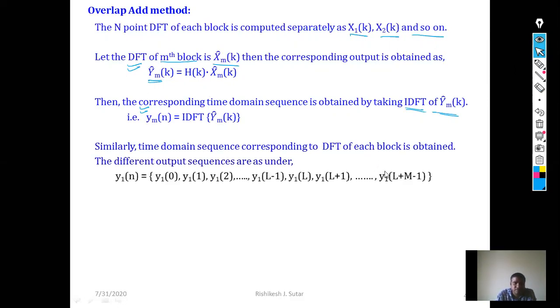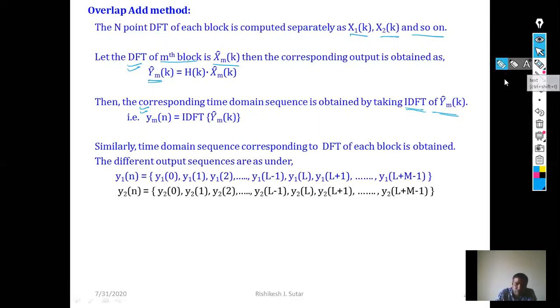Once I have all blocks, the sequences would be like this: y1 of n equal to like this, y2 of n equal to like this, because all these blocks will have capital N samples. But out of those capital N samples, the last m minus one are zeros.